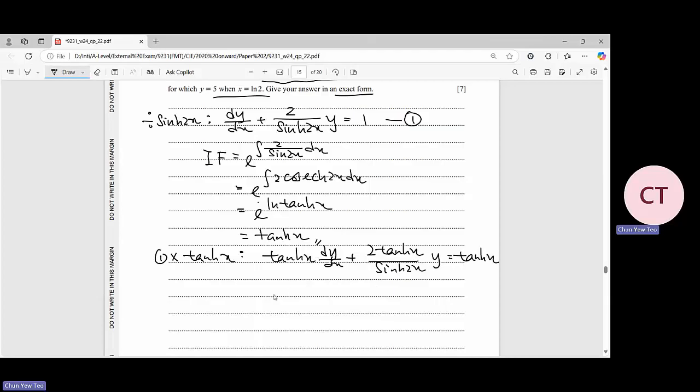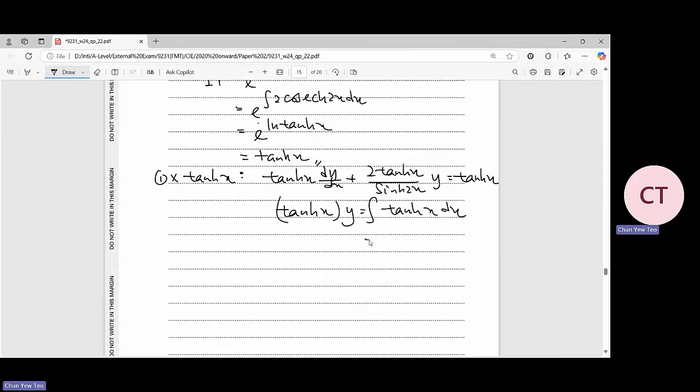So the left hand side just takes the IF multiplied by y, then the right hand side is you integrate tan x. Integrating tan x is not difficult. You are supposed to get ln cos x plus a c.